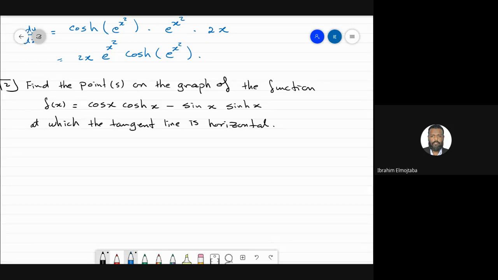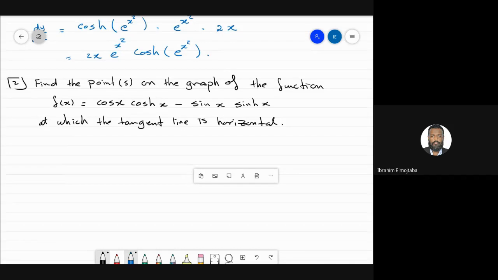Remember, this is the keyword. And tangent line horizontal means derivative equal to 0. So we first find the derivative and then solve the equation f dash of x equal to 0, and then find the values of x, and we have to find the values of y also, because we need points. We need the coordinates, x and y coordinates.